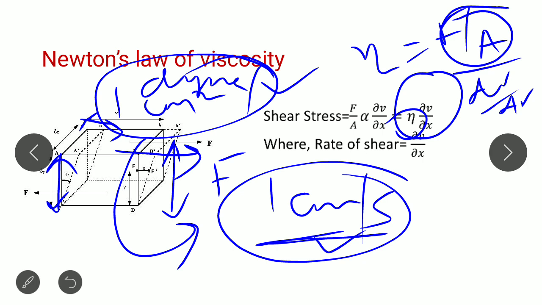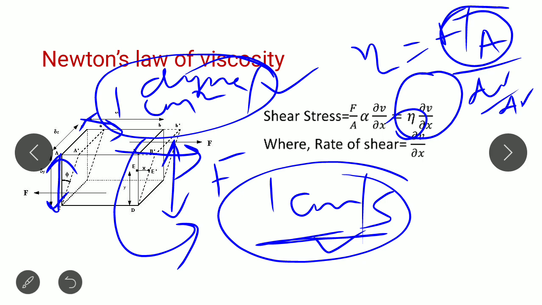So 1 poise will be that amount of tangential force per unit area which is required to maintain a velocity difference of 1 centimeter per second between two parallel layers of liquid which are 1 centimeter apart. For dilute aqueous solutions, the common unit is the centipoise, which is 0.01 poise.